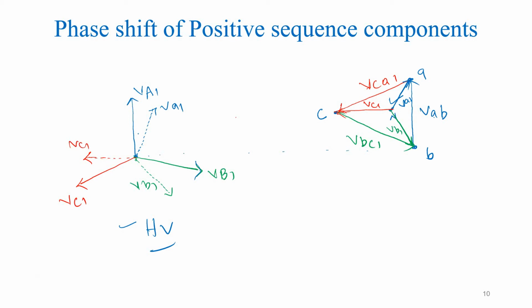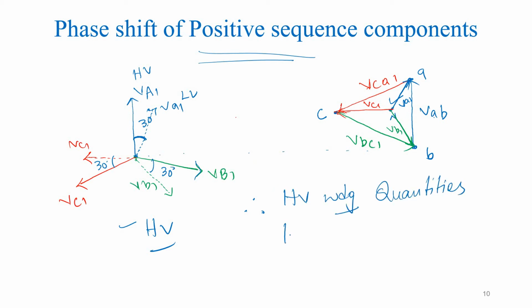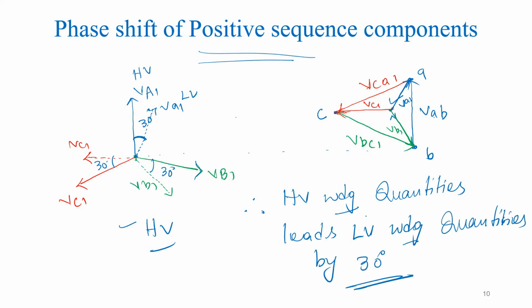Now you can clearly see what is the phase shift between the HV side, this is the HV side and this is the LV side winding. So this is 30 degrees. Similarly, you have a phase shift here 30 degrees and 30 degrees between the HV and the LV quantities. Therefore, in the positive sequence components, the HV winding quantities lead LV winding quantities by 30 degrees phase shift.